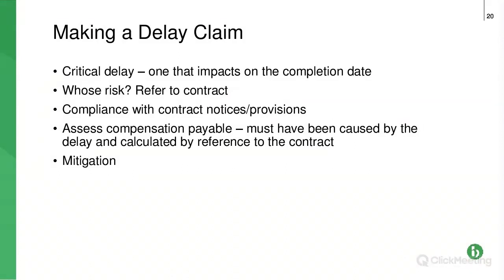We need to show what delay was caused by that variation, as opposed perhaps to contractor-caused delay because it didn't have sufficient personnel on site, and we then need to show the cost of that extra time on site.